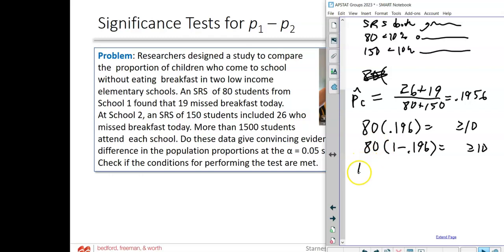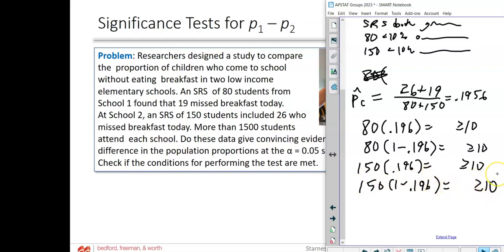So it would be 150 times, also, we don't use the individual p hats there. We're going to use the pooled value, 0.196, which equals a number, hopefully greater than or equal to 10. You can use your calculator for that. And then 150 times 1 minus 0.196 is also hopefully greater than or equal to 10. You check all those in your calculator and write them down. That's your condition.